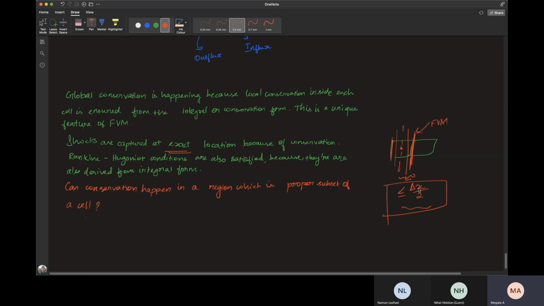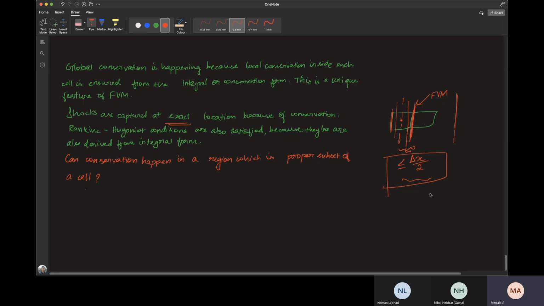Suppose we did not have conservation, shocks could move 2 or 3 cells away from the actual point, because your equation would essentially have a source term as well, and you're solving a totally different equation, so that will move your shock to a different location. So because of conservation, you are at least able to capture the shock up to delta x by 2. So this is because of conservation.